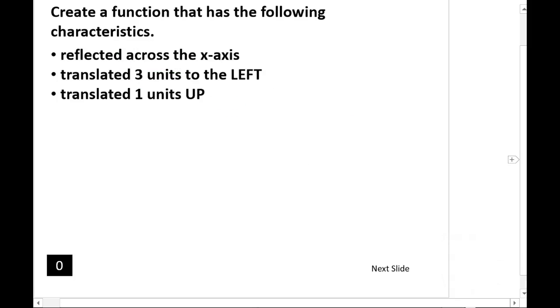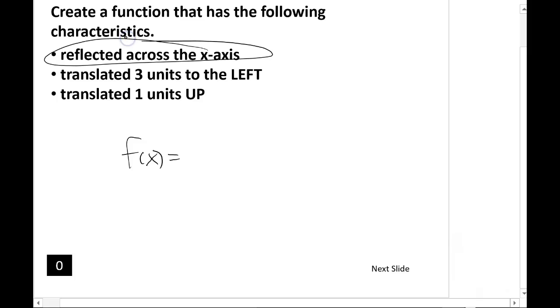So here, again, start with f of x. Don't forget this. Okay, you can't have a function without a title. And then equals. Now it says reflected across the x-axis. Remember, a reflection occurs when there is a negative in front of the function.